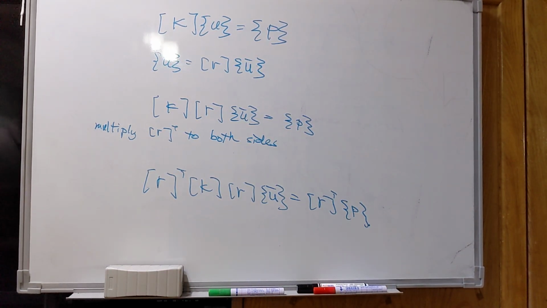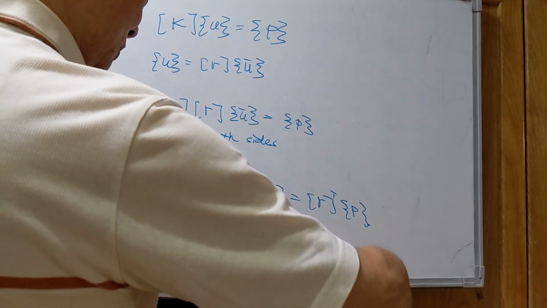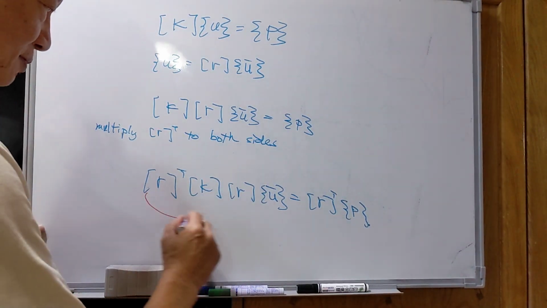And sometimes we call this one a condensed matrix.